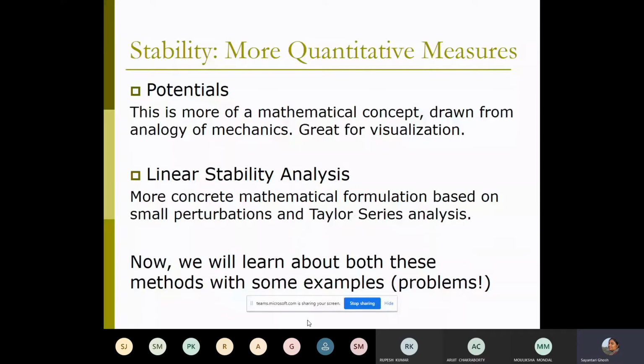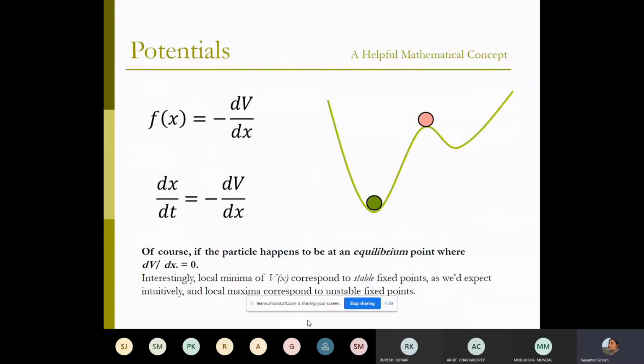We also understood that sometimes the solution of the equation does not give us much insight. We learned the graphical method, then we learned the potentials also, where we saw that we can draw a hill and valley kind of picture that gives us a clear notion of which points are going to be stable.